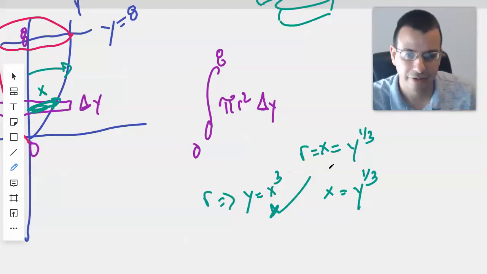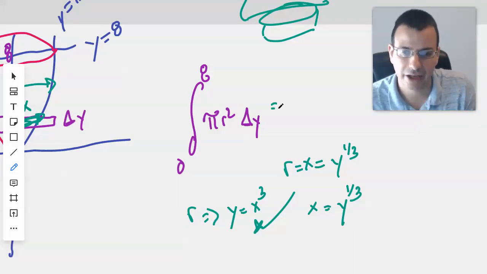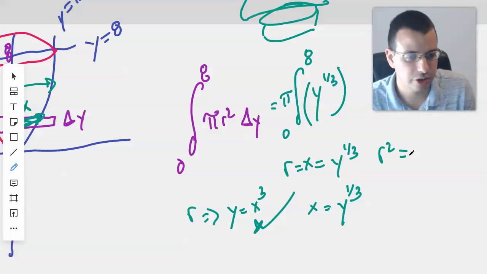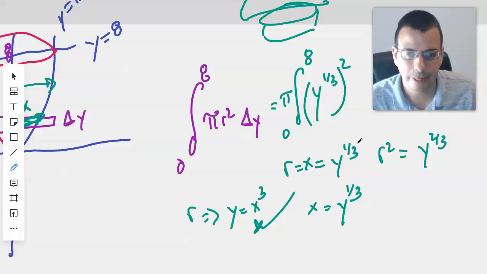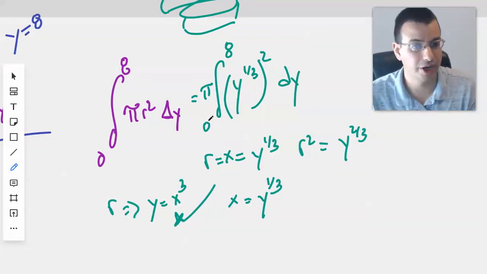So now we have the radius, we have a delta y, and we can rewrite this then as 0 to 8, move the pi to the outside, we have a y to the 1/3. I should also find r squared, which will be y to the 2/3. And then we have, I'm going to convert the delta y to dy.